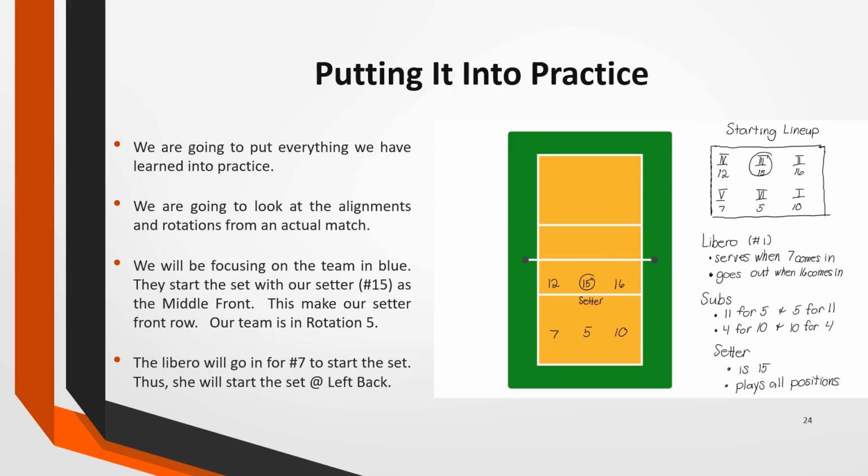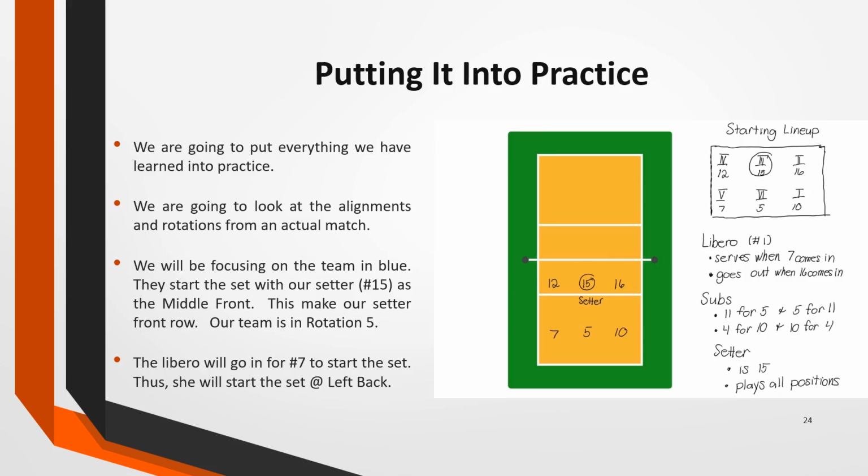I'm also going to let you know that 11 and 5 will sub for each other during the set. 4 and 10 will sub for each other in the set. And there's going to be something special that happens with those two pairs of subs. And we'll see that as we go further in the presentation. Our libero is going to be number 1.